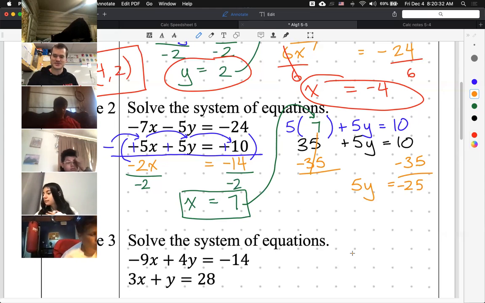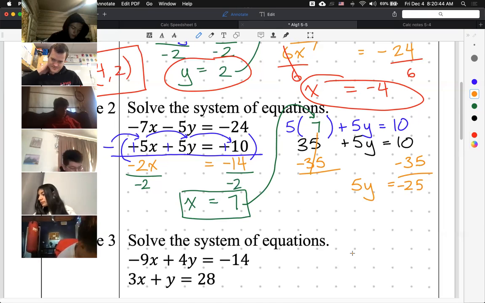I'm going to give it to someone else just for our final step. Ooh, this is a perfect time for Carlos. Carlos, ¿qué vamos a hacer? What are we going to do? ¿Cuál es nuestro siguiente paso?